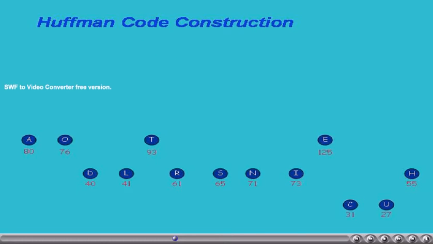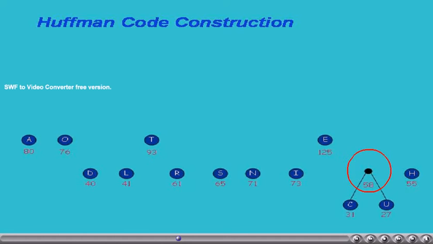Initially, all the nodes are assumed to be forests, as shown in the figure. Then the algorithm is applied as explained earlier. The symbols C and U are joined to form a new internal node.